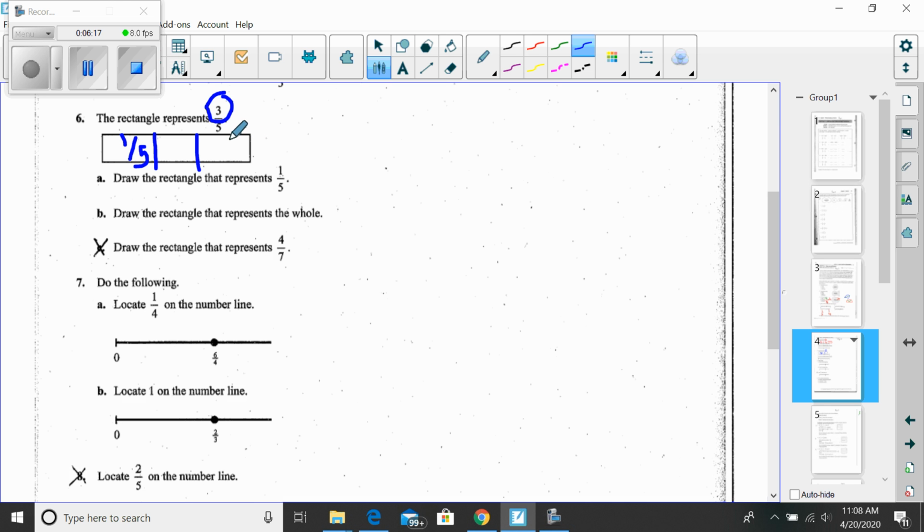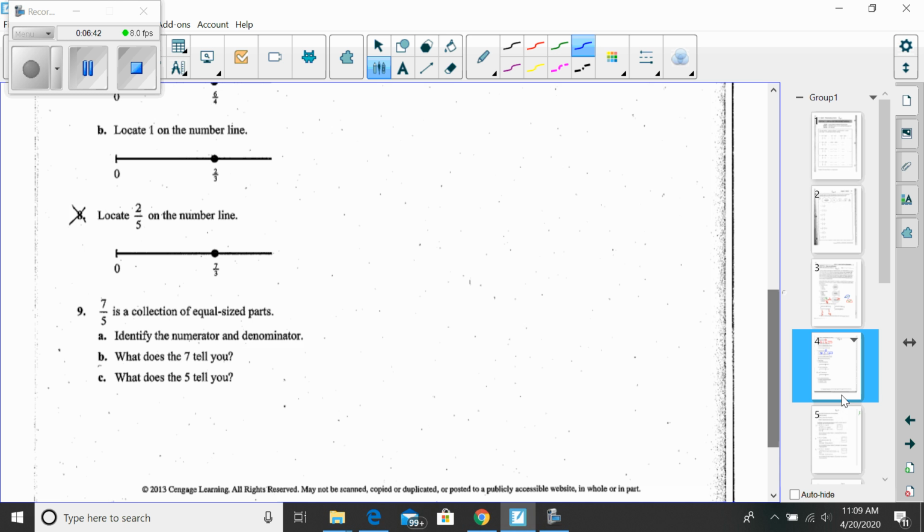It takes 5 of these things called fifths to make 1 whole. If I have 3 of them, then I would take the difference between 5 and 3. I would need 2 more. I'm not drawing to scale very well. Imagine that's exactly the same length as the rectangle before it. And that would represent 1 whole.